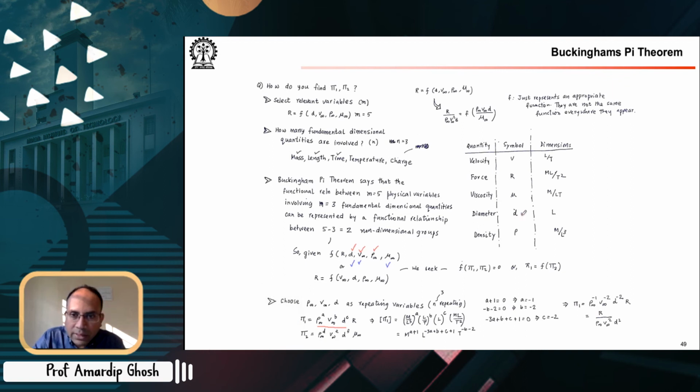D has L, V has L and T, so we have L and T taken care of. Left is M, so our last choice should have mass. Mu has mass, so it is a valid choice of repeating variables.